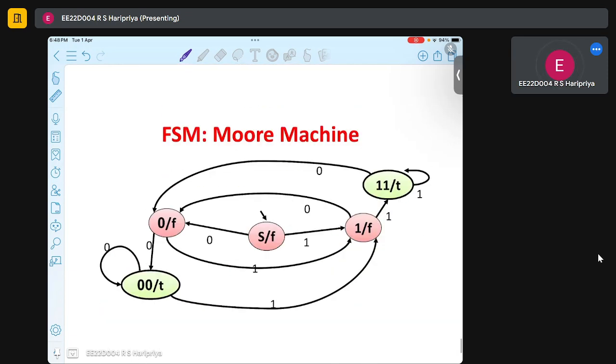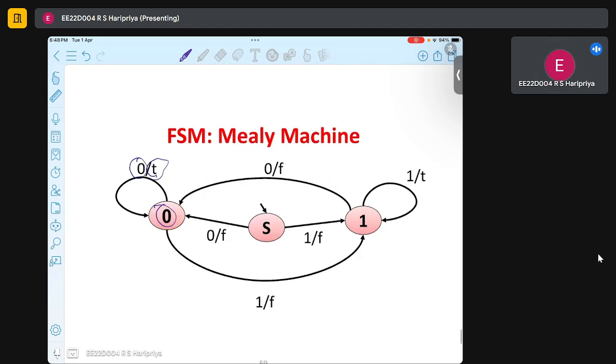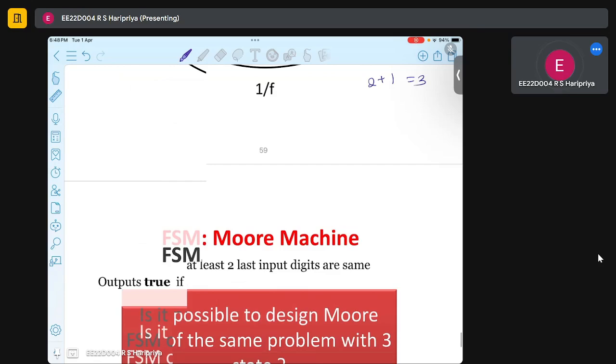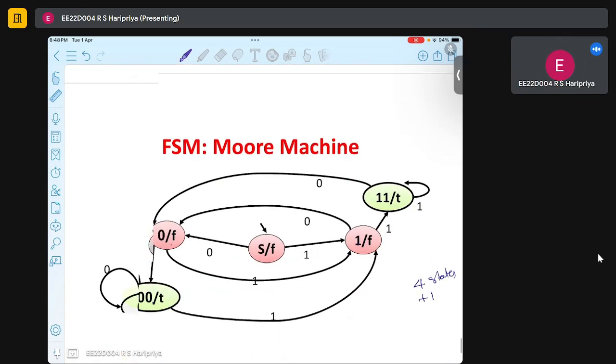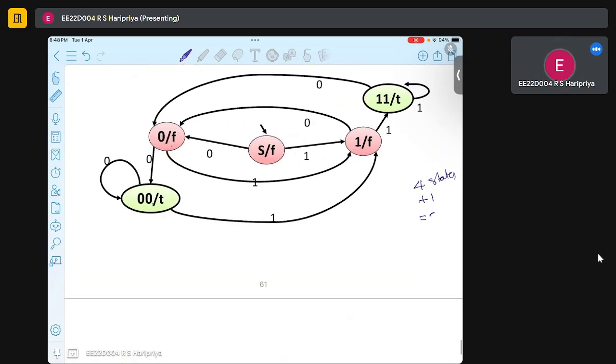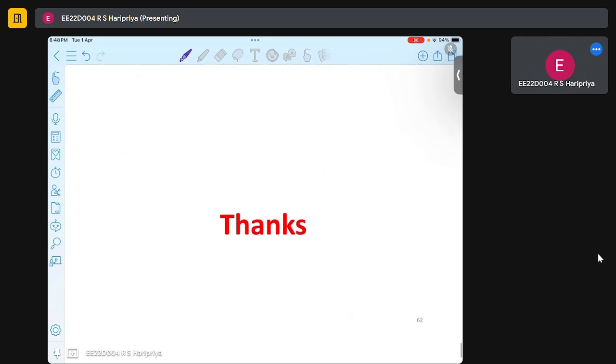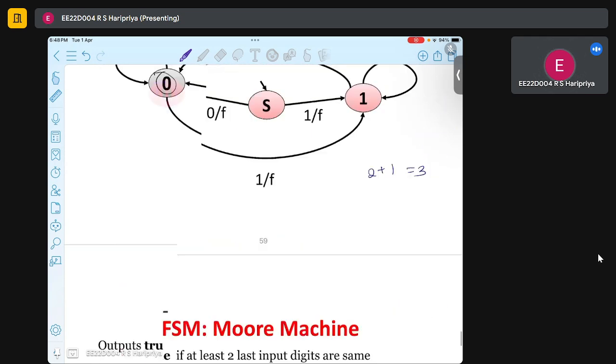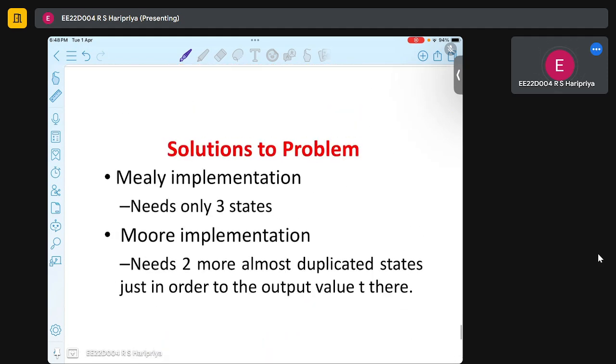So here in Moore we need 1, 2, 3, 4 states plus 1 initial state, but here we needed 2 plus 1, so 3 states only, but it is 5 states. So this way, a Moore machine needs more states compared to the Mealy machine.